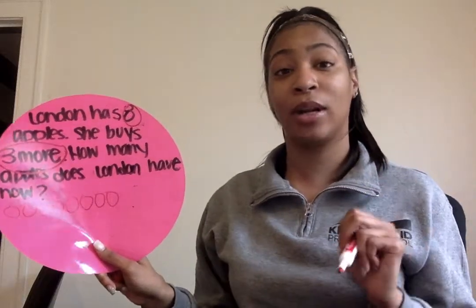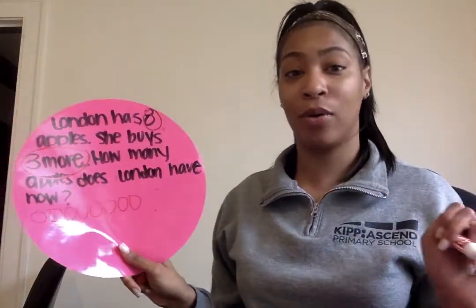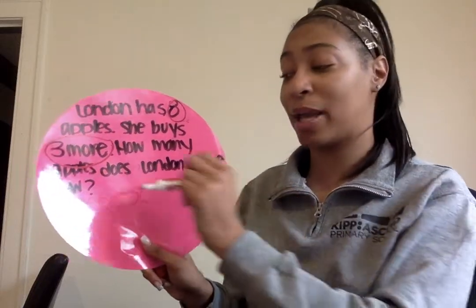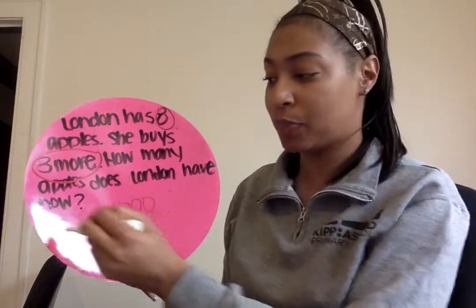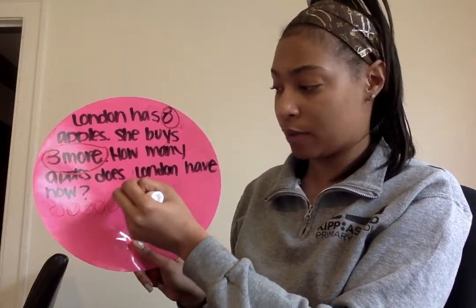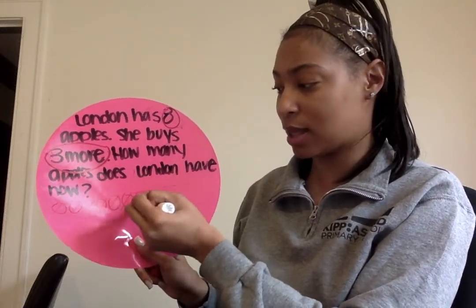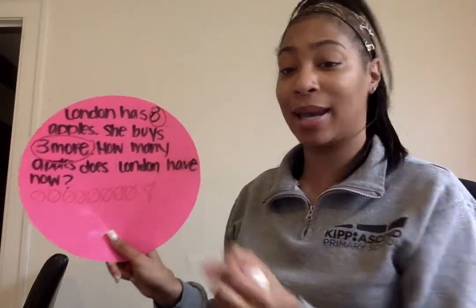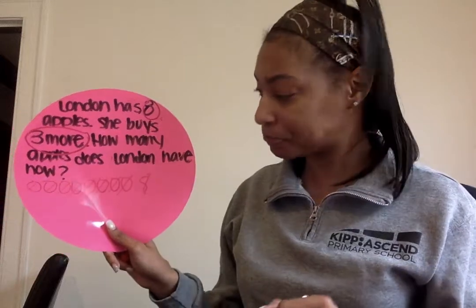Now I know that a good counter always crosses off and counts again. So we're going to go back in and count to make sure that this is 8 apples. 1, 2, 3, 4, 5, 6, 7, 8. And I'm going to write the number 8 next to my 8 apples so I don't forget.